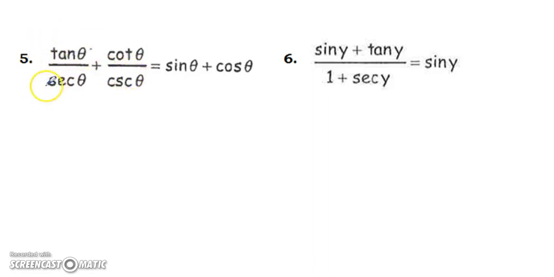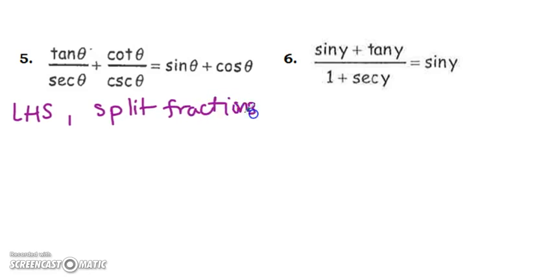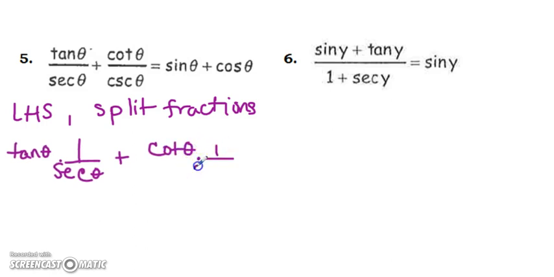Anytime you see a quotient in the top, it's probably best to deal with that left-hand side, and we're gonna split the fractions. So instead of putting the fractions together, we are going to split them apart. First step is I'm going to write tangent times 1 over secant. That's what I mean by splitting the fractions. I'm going to write cotangent times 1 over cosecant. All right?